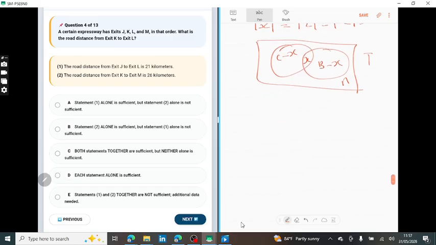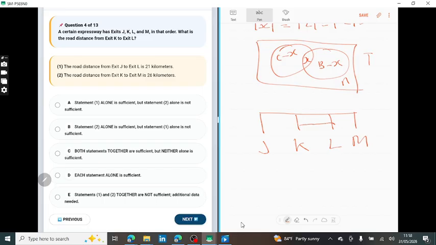This Venn diagram is still almost the same thing. J, K, L, M. We are looking for K, L, which is the common area.